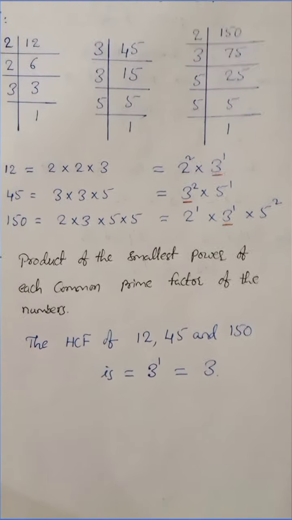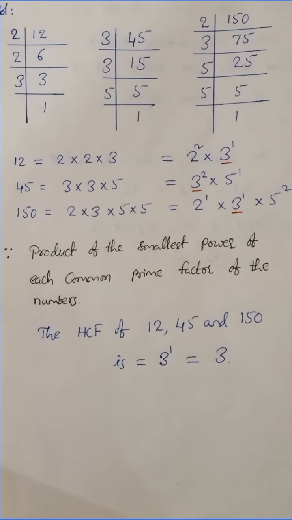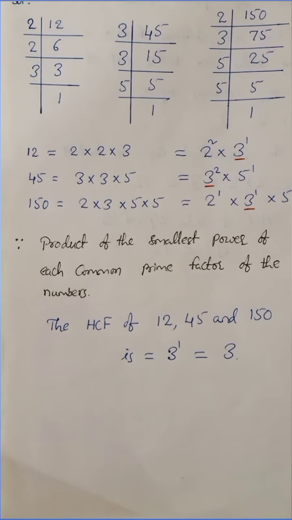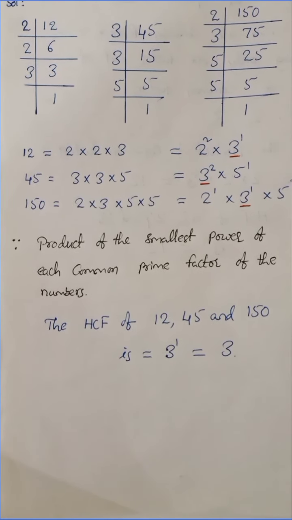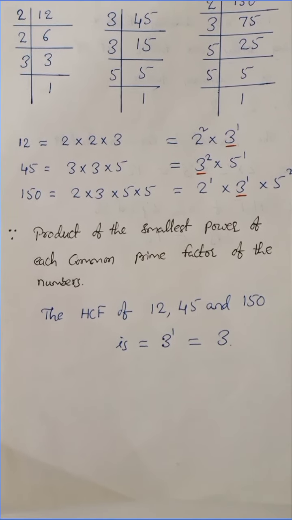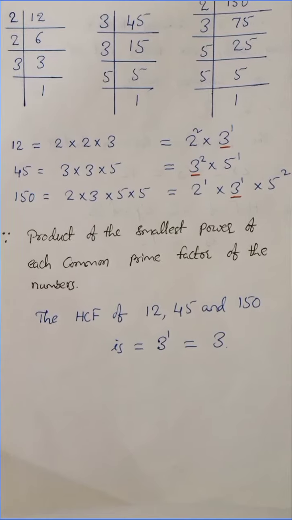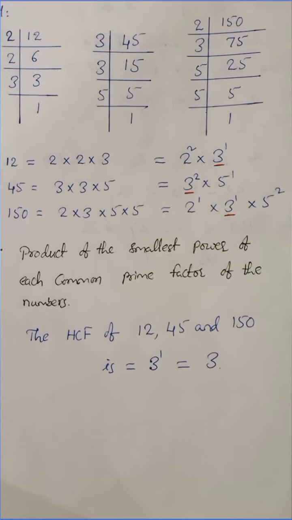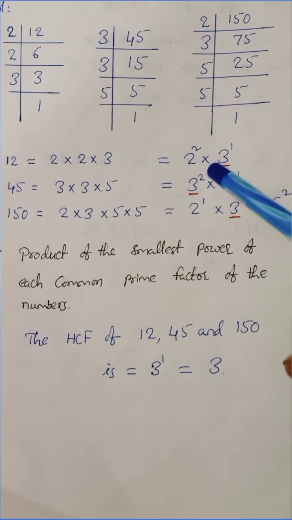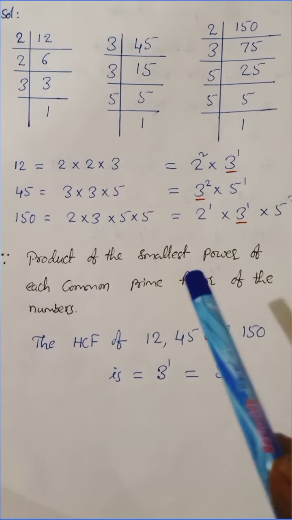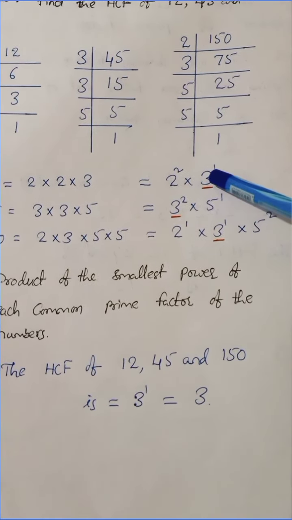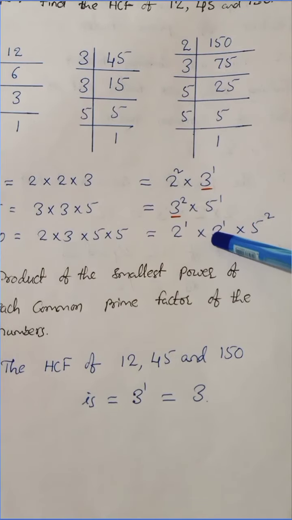Now, in the 10th class syllabus we already know this is one of the rules for finding the HCF. See children, it is the product of the smallest power of each common prime factor of the numbers. Here we want the smallest power. The common factor is 3, with 3 power of 1, 3 power of 2 and 3 power of 1.